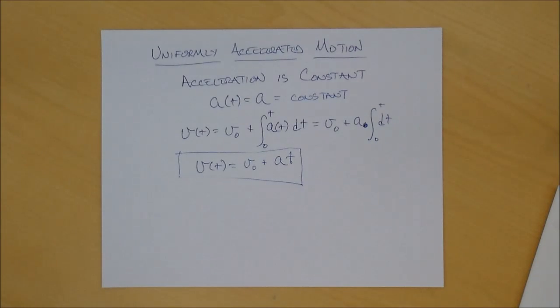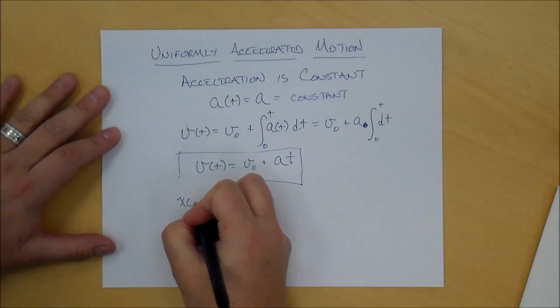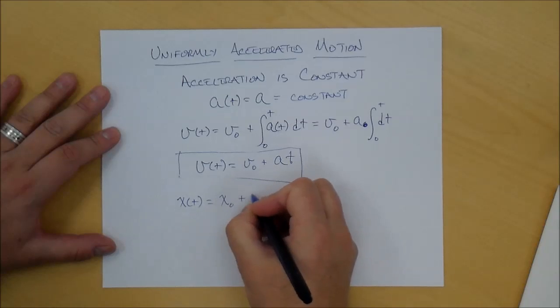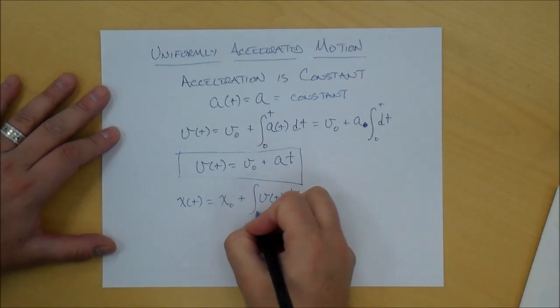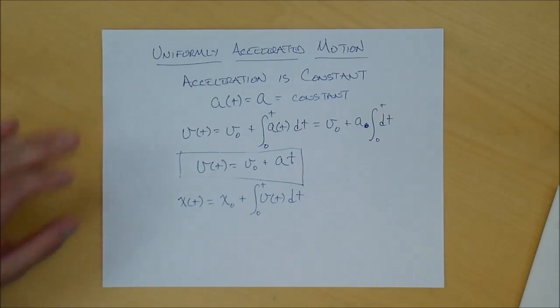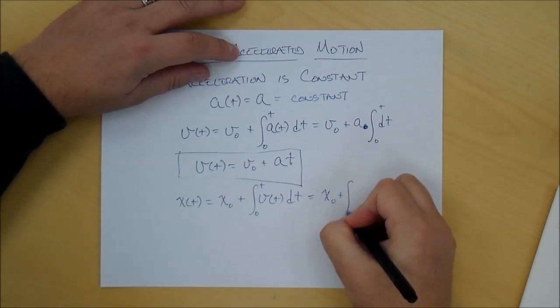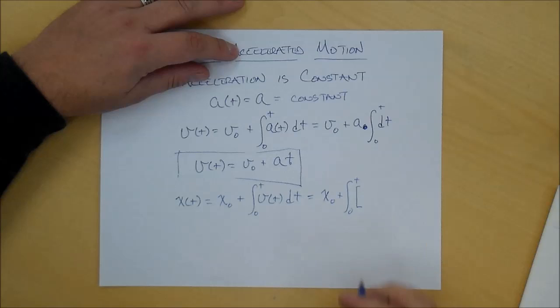Okay, and now moving on to find the position. Remember that the position as a function of time is equal to the initial position plus the integral of the velocity over the time interval, right? This equals x naught plus the integral from 0 to t of the velocity we just found, right?